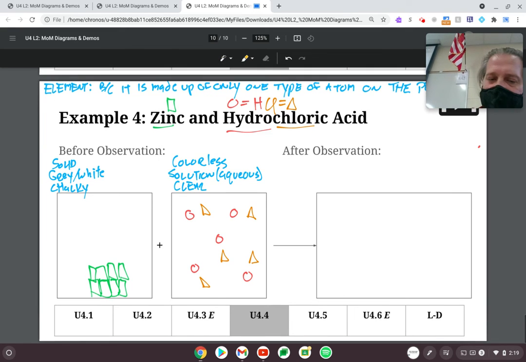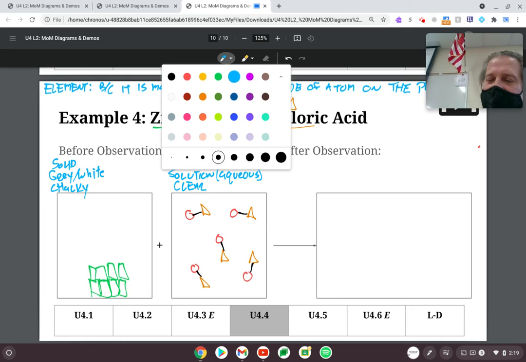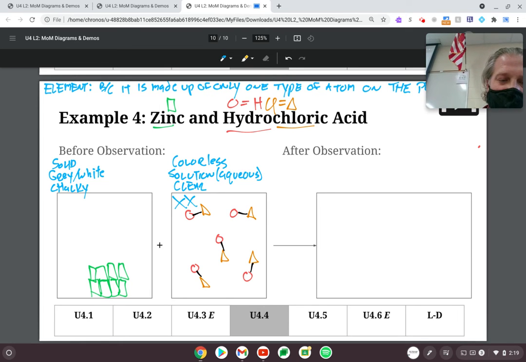And then I'm going to connect them, indicating that they are bonded together. And then because we said it's a solution, we're going to surround those particles with water.